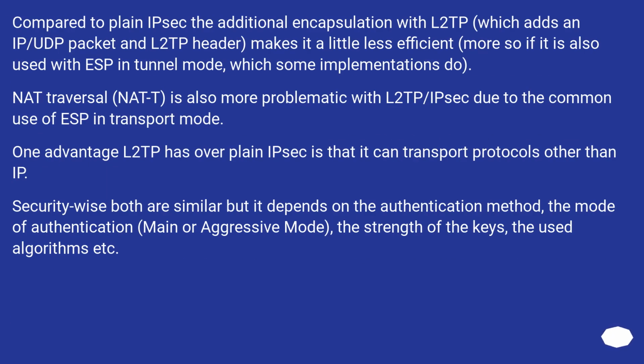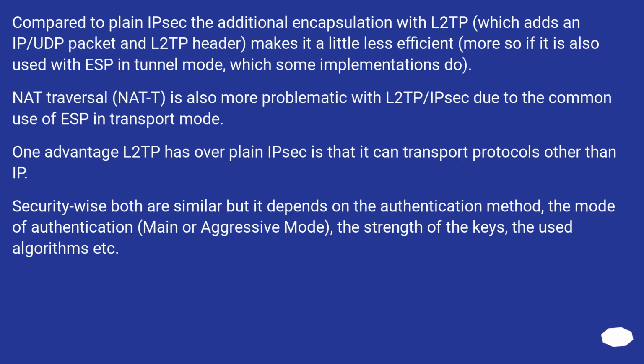Compared to plain IPsec, the additional encapsulation with L2TP, which adds an IP/UDP packet and L2TP header, makes it a little less efficient, more so if it is also used with ESP and tunnel mode, which some implementations do. NAT traversal, NAT-T, is also more problematic with L2TP/IPsec due to the common use of ESP and transport mode.